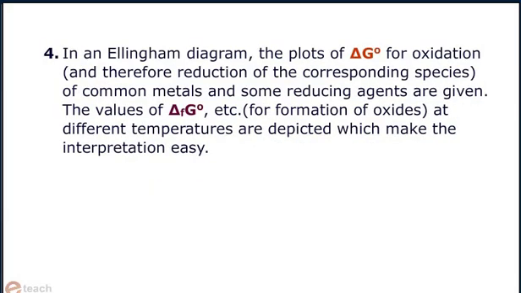In an Ellingham diagram, the plots of ΔG° for oxidation, and therefore reduction, of the corresponding species of common metals and some reducing agents are given. The values of ΔfG°, etc., for formation of oxides at different temperatures are depicted, which make the interpretation easy.